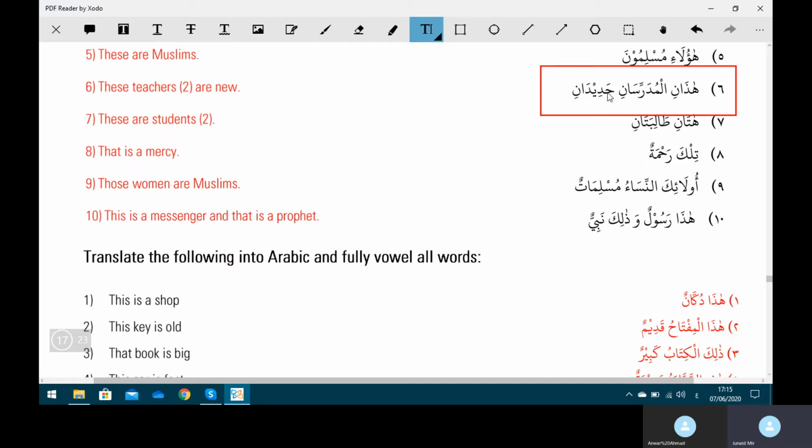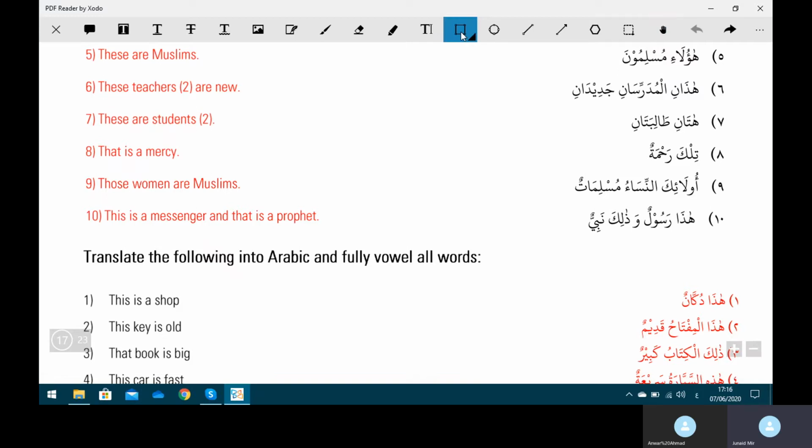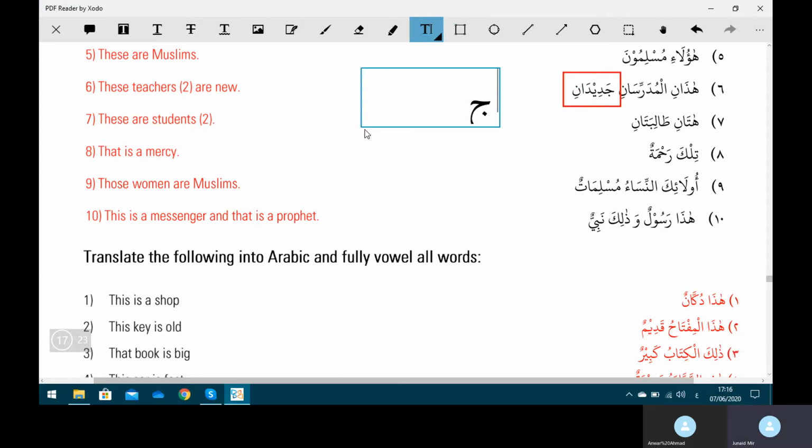jadidani, are new. Now notice this. We said that the part before and after is have to agree in number and gender. That's what we did in the lesson on simple sentences. Al-Mudarrisani is masculine and it's dual. So I didn't say jadidon. I said jadidani.